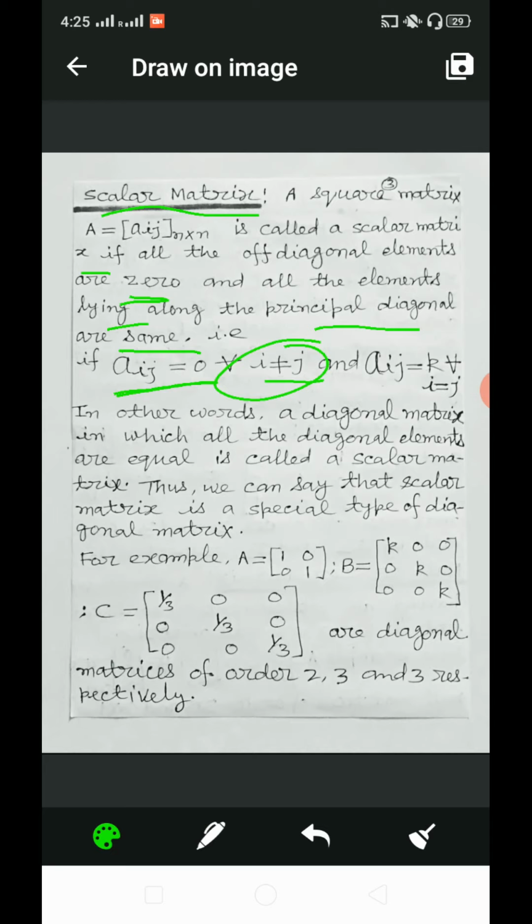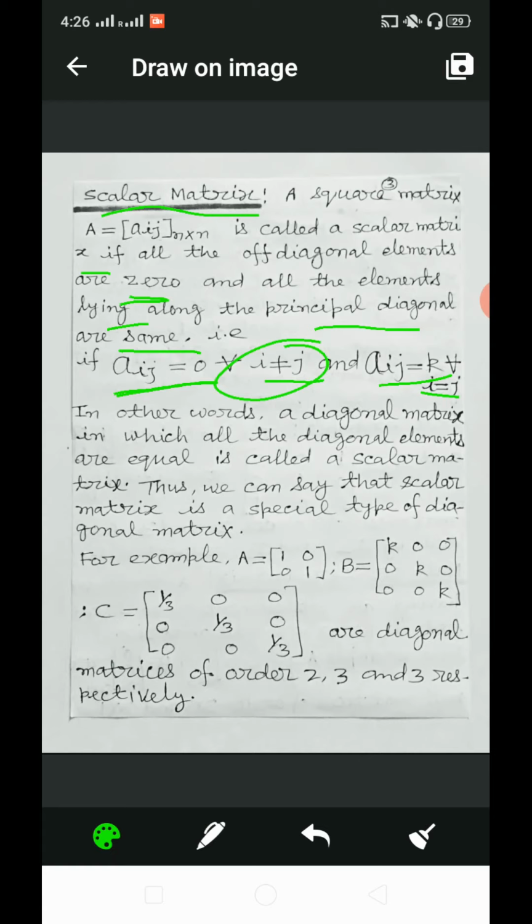In that case the elements aij equal 0, and aij equal to k for all i equal to j. If the number of rows is equal to the number of columns, in that case aij is equal to k, where k is any element.